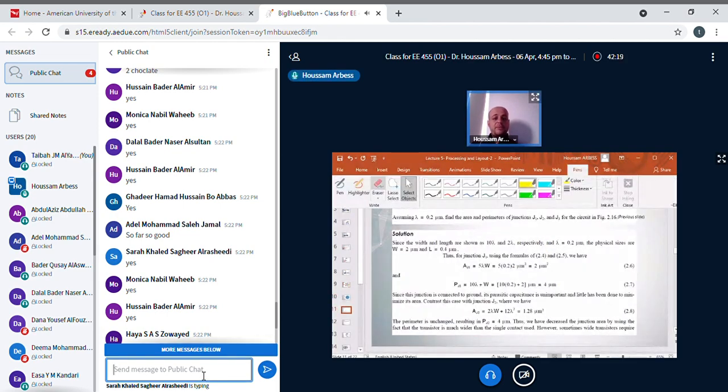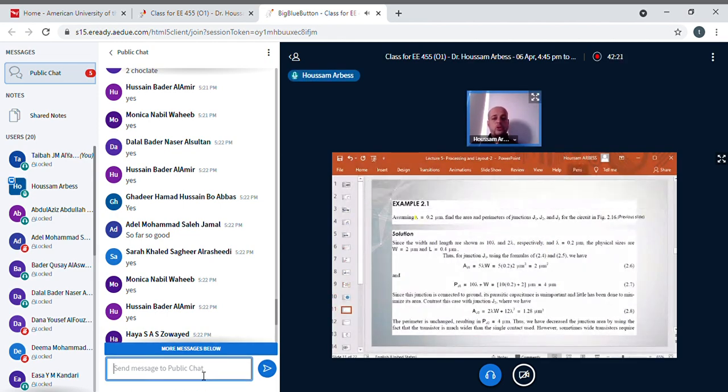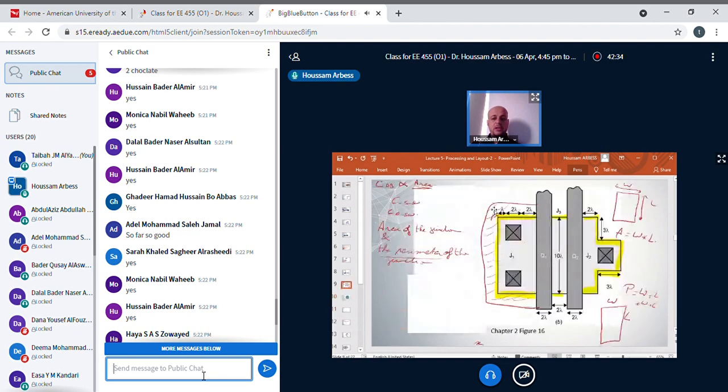Assuming lambda equals 0.2 micrometer, find the area and the perimeter of the junctions J1, J2, and J3 for the circuit in figure 2.16. They mean this one.